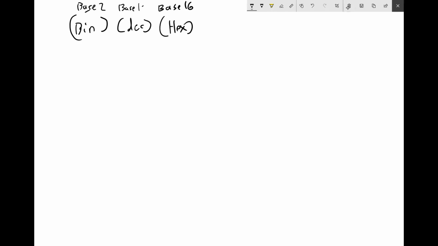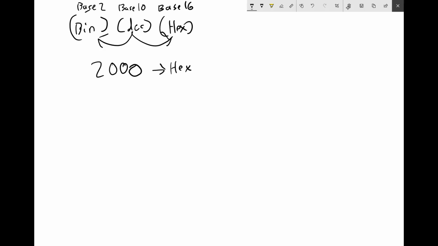So how do we actually transfer between decimal and hexadecimal? It's actually quite simple. It is literally the same as doing this, except you're doing it the other way. Say we have the decimal number 2000, and we want to convert it to hexadecimal.